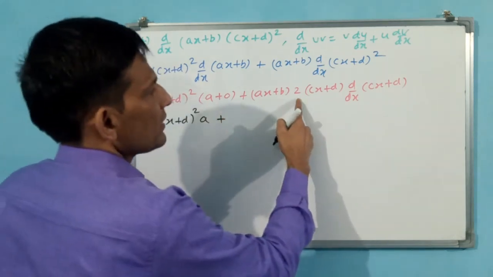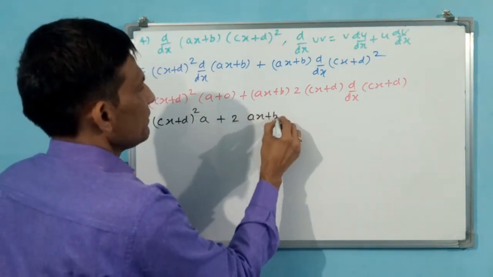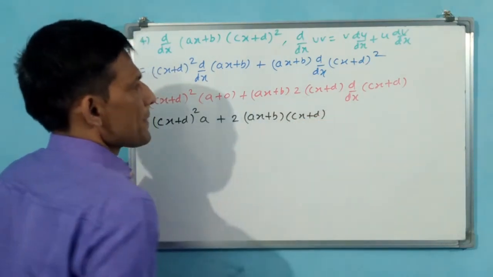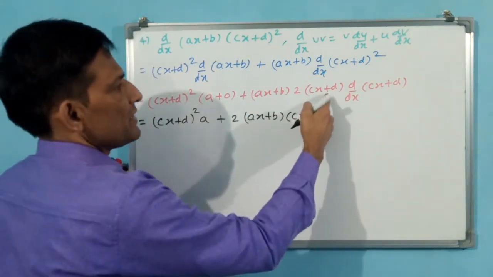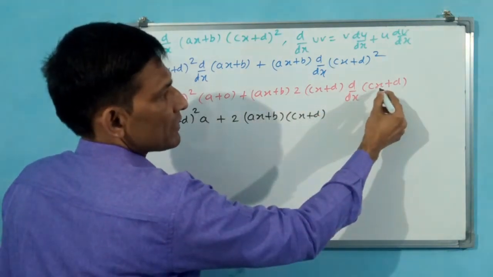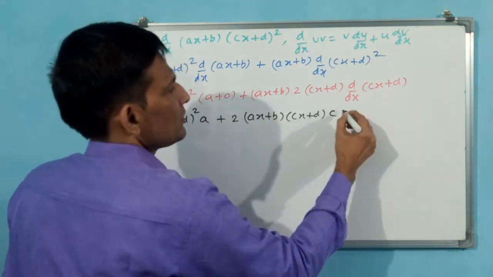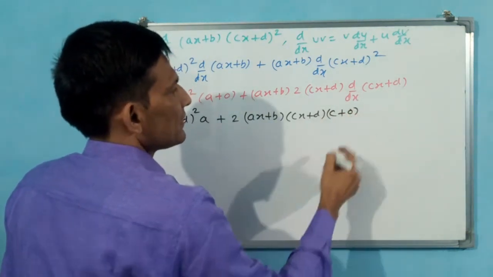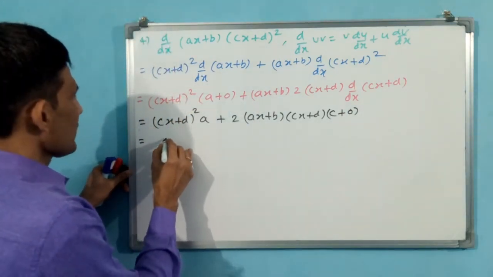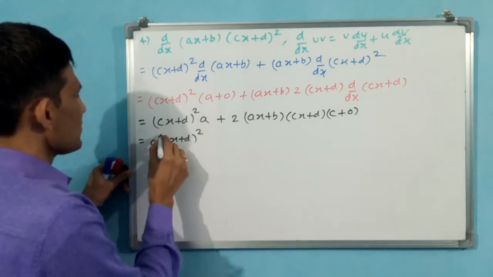Plus, you see here, 2 ax plus b into cx plus d. D by dx cx plus d: what will come? C will come plus 0. That means c will come. Finally, what will happen? You see, cx plus d whole square and a you keep outside.